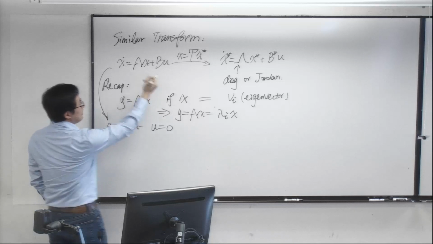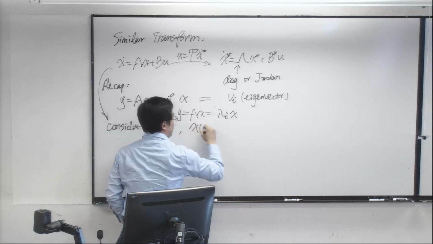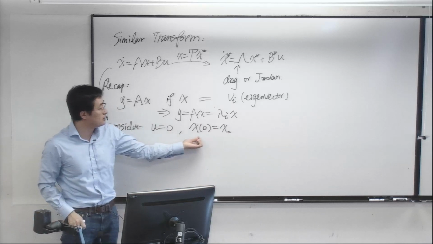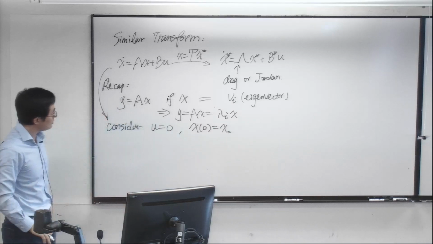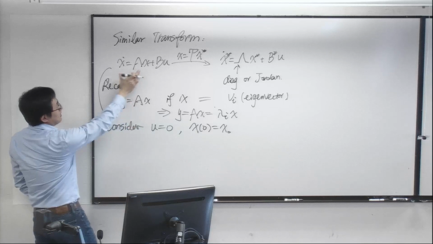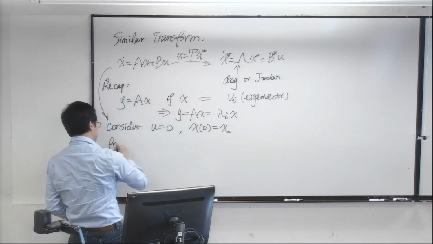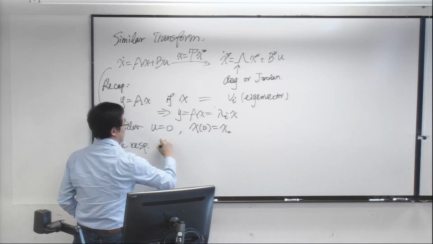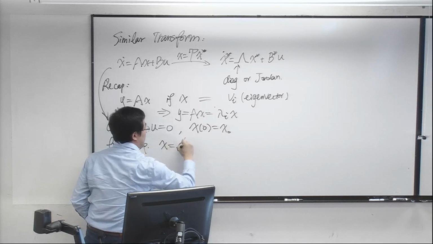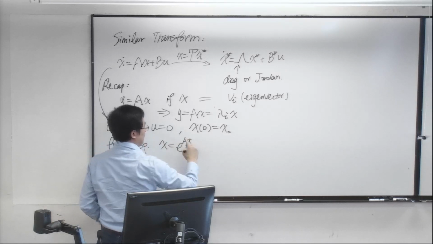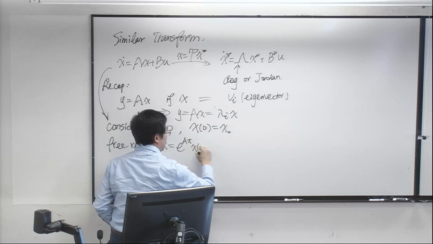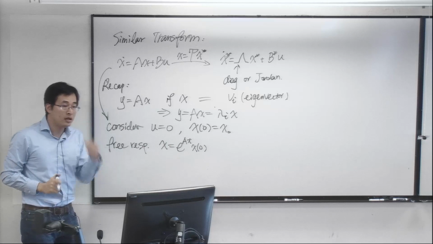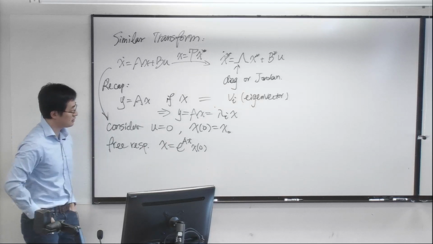When I release the system somewhere at the initial condition x naught, I want to analyze how the free response x equal to e to the At times x0 will look like. So that's my goal for doing this analysis.